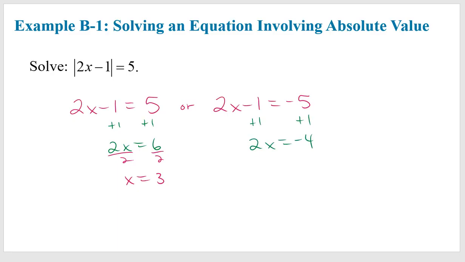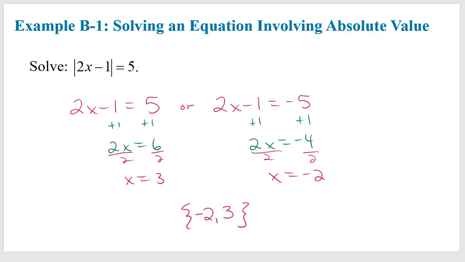I'm going to divide both sides by 2 to isolate that x, and I get x equals negative 2. So I have two answers. So I have a set, there's my curly brackets, and my answers are negative 2, comma 3. Notice you put them in order from least to greatest when you write that in set notation.